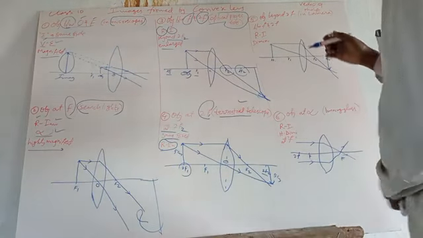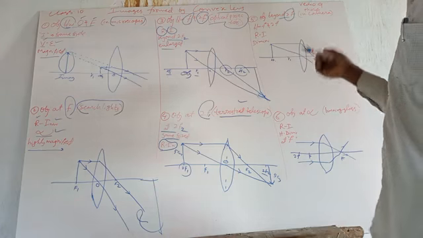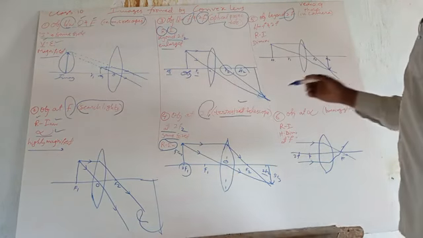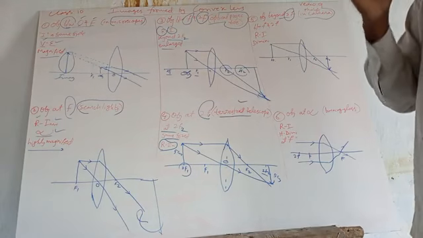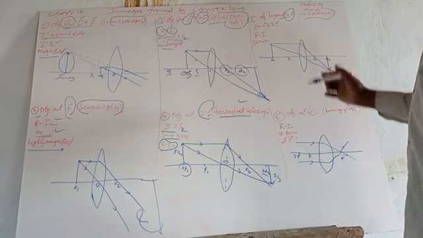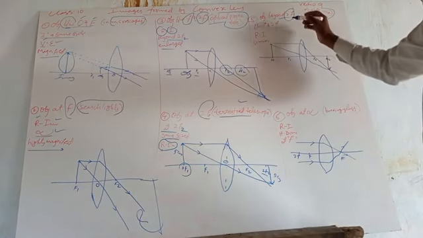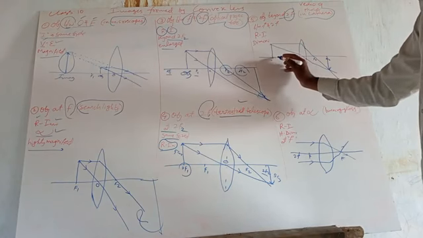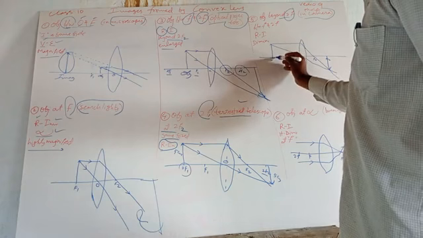Next, what is there? Object beyond 2F, I mean behind the second focus point, when the object is kept. These types of lenses are used in photo cameras. In photography cameras we will use it, it is beyond 2F. So here 2F, for example, look here, beyond 2F.